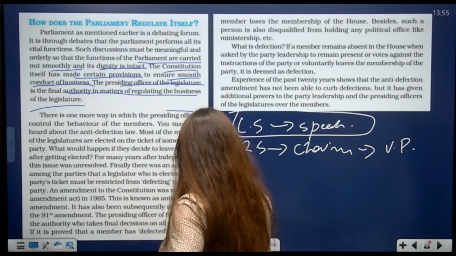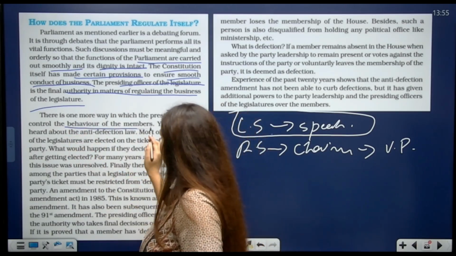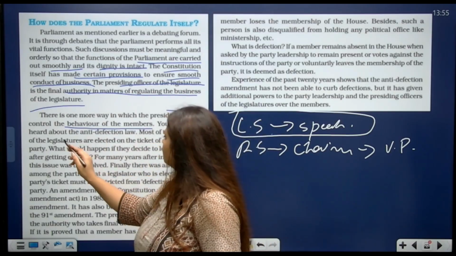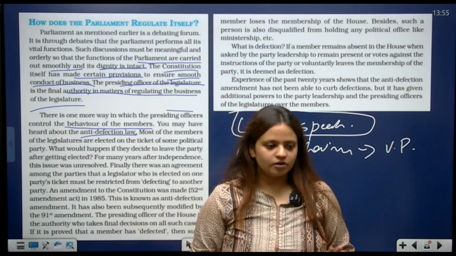One more way in which the presiding officer controls the behavior of the members is the anti-defection law. Have you heard about it? So what is the anti-defection law?